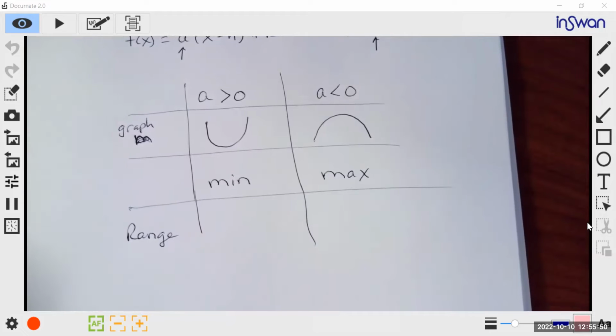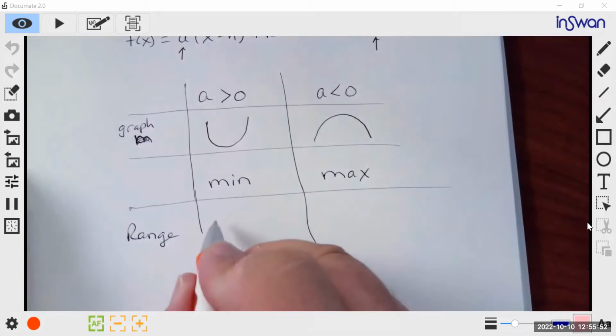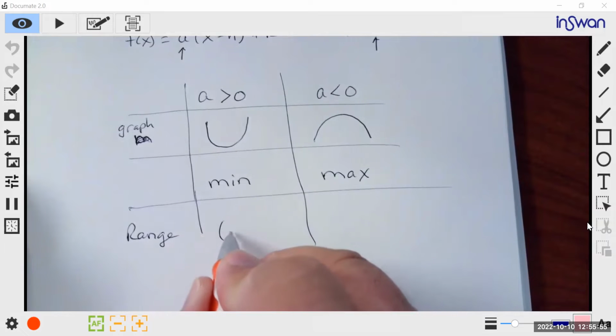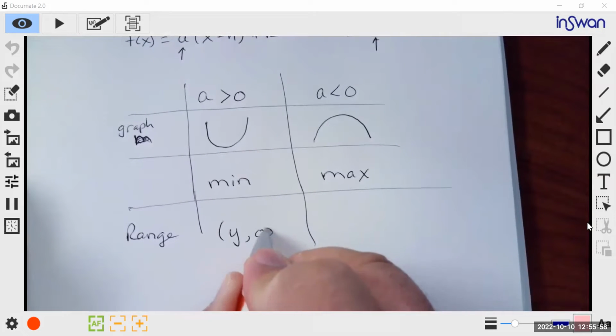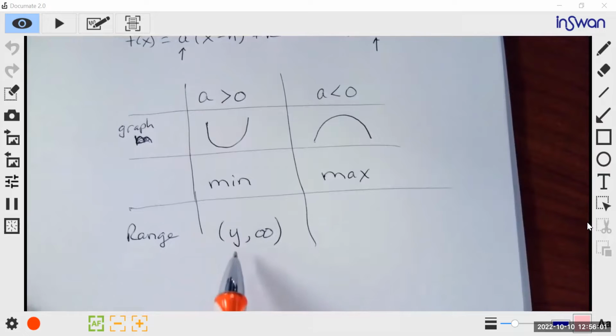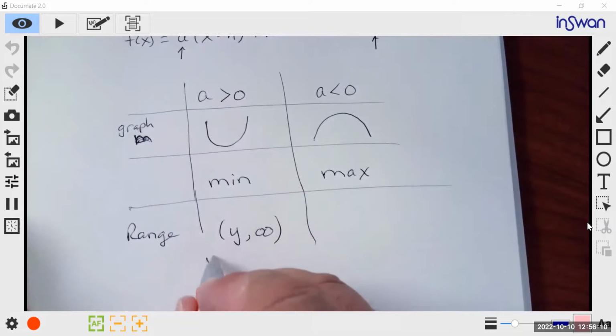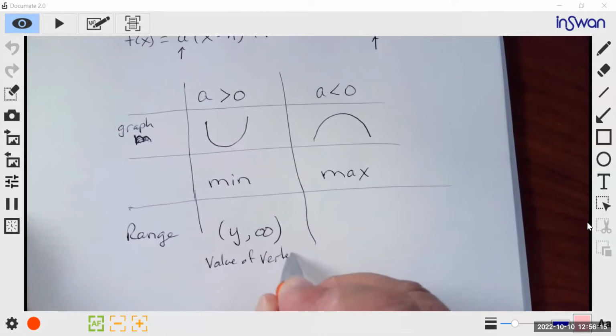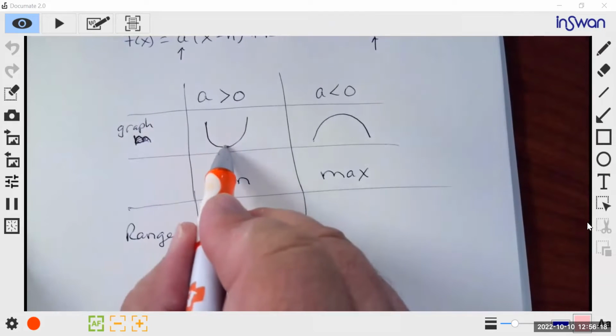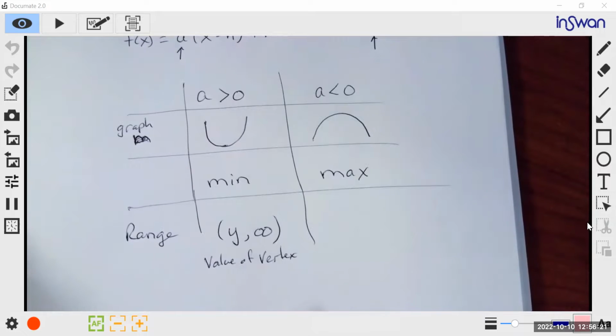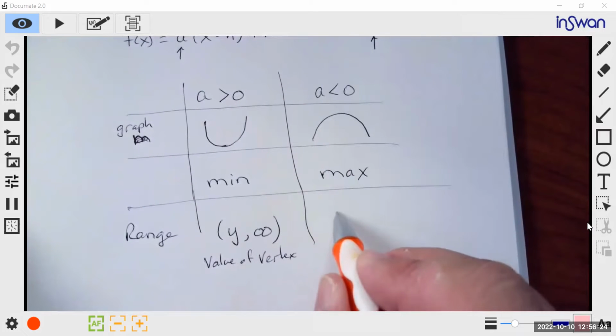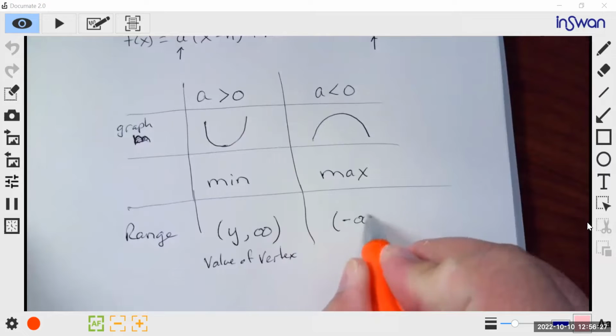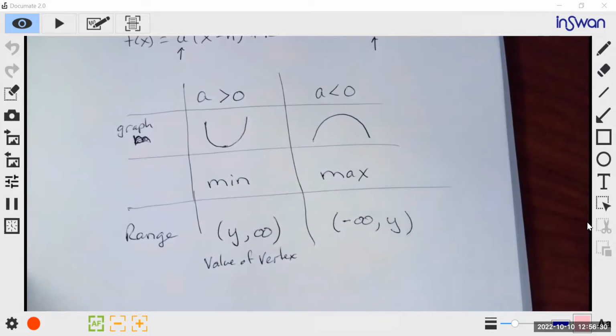And let's look at the range. The range is whatever your y value is, the y value of the vertex, because it starts at that point and it goes up forever. If A is negative, then that's our range.